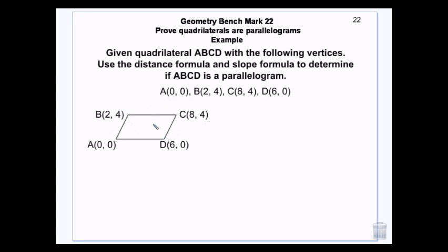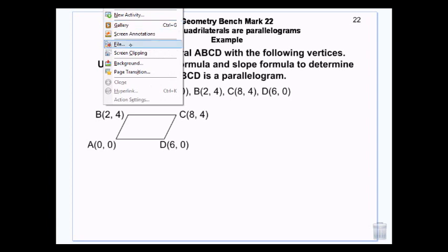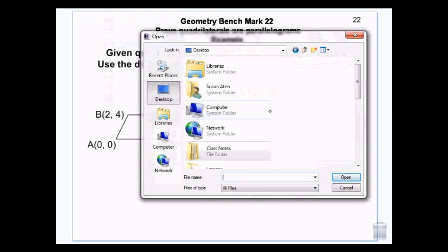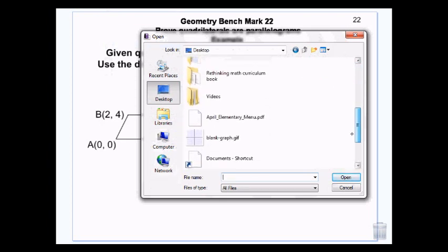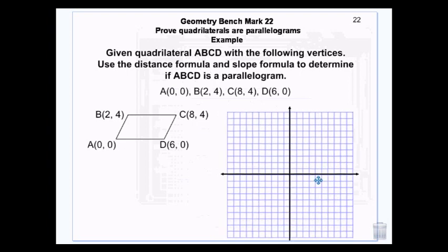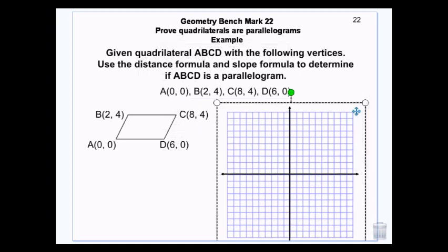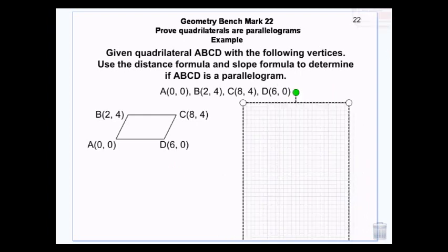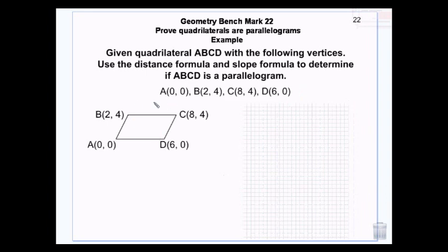Now, if you would not like to do that, you can take out your graph paper. Instead of looking at this, we're going to plot it on a coordinate plane, and it's all positive, right?